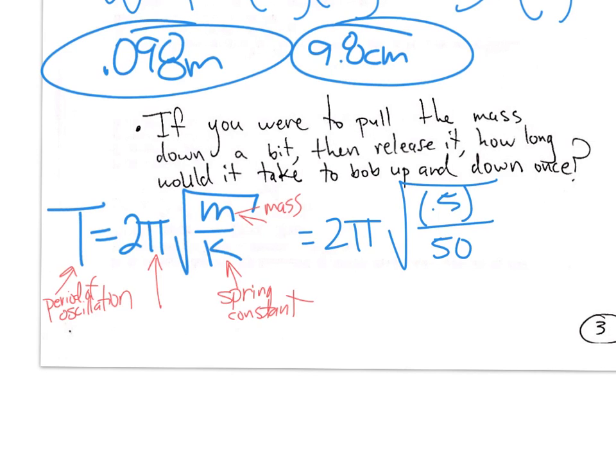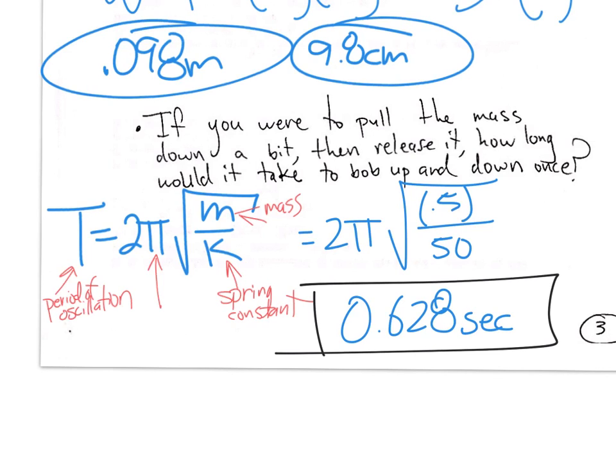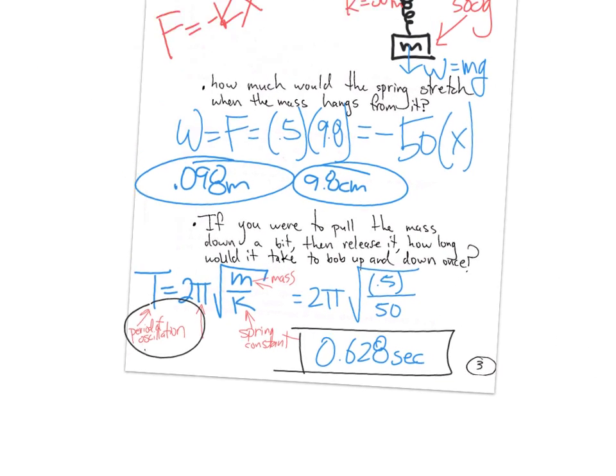This is a little cumbersome. Alright, so this says 0.628. And again, this is a value for time. We're looking for the amount of time it takes to bob up and down once, meaning the period of oscillation, 0.628 seconds. Okay, moving on.